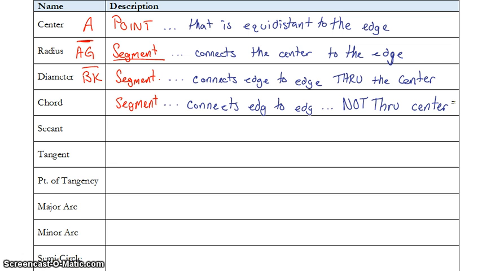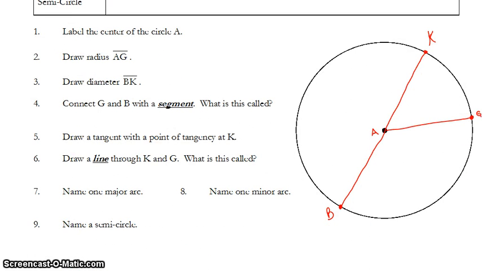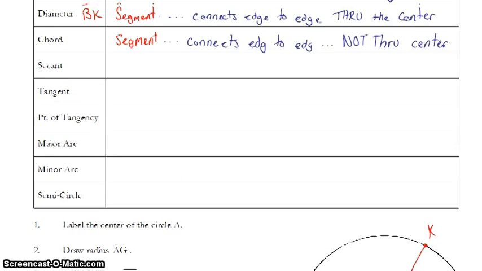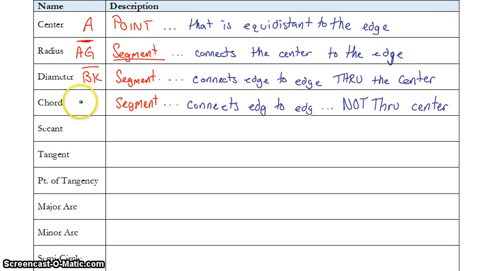If you look at number 4 at the bottom, it says connect G and B with a segment, and it asks what that's called. Well, G is here, B is here, they're both on the edge. If I connect those two, I have a segment that goes edge to edge but not through my center. That's a chord. I'd write it the same way, my endpoints with the segment bar. There's no way of knowing whether it's a radius, diameter, or chord, all there is is looking at the picture to pick those out.